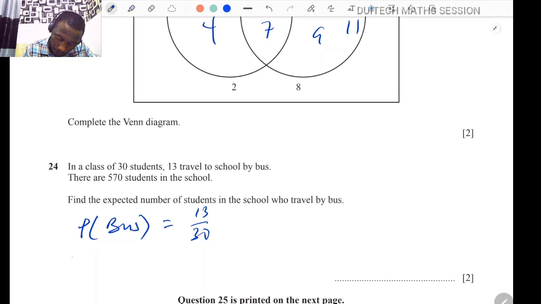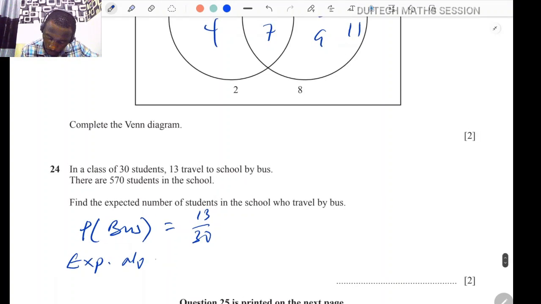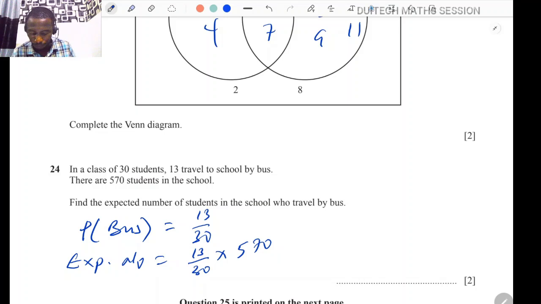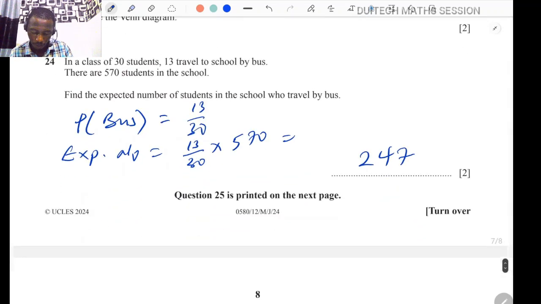So the expected number will be equal to 13 times 570, then divided by 30. That will give us 247.